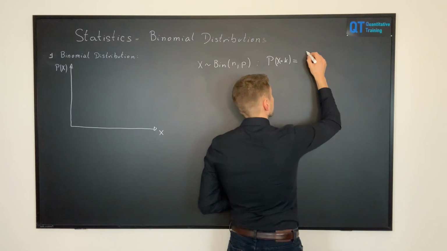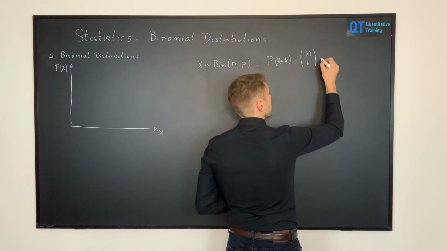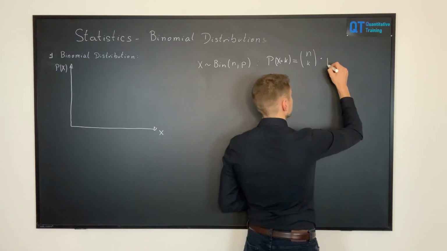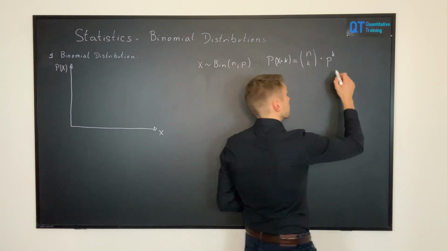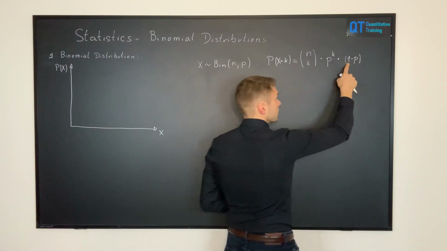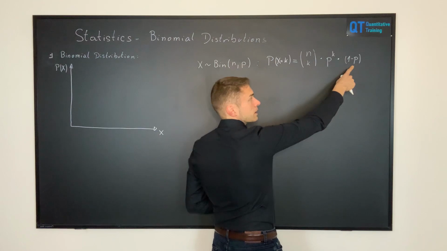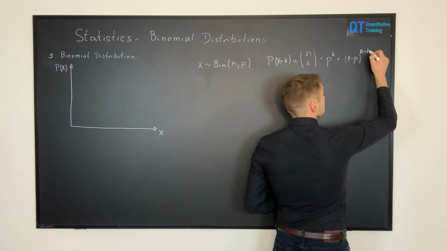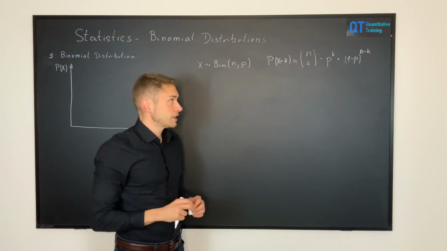So you take k combinations out of n, and you multiply it by the probability of success, so p to the power k, times the probability of no success, so 1 minus p, with 1 being the total probability minus the probability of success. You repeat the experiment n times, so you have it to the power n minus k, because you expect k times the probability of success.